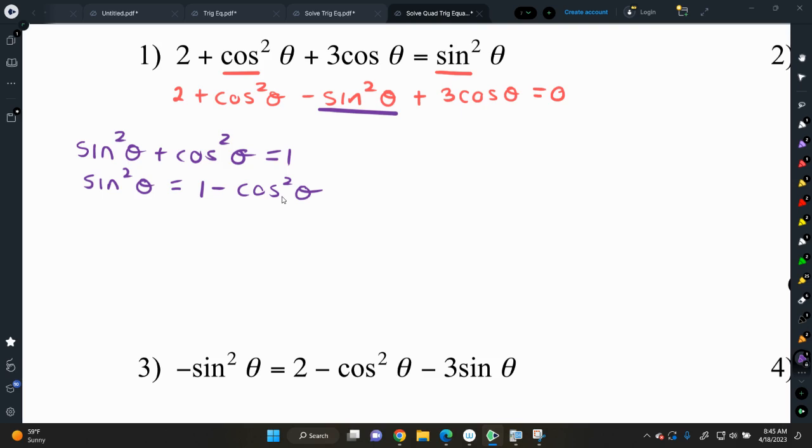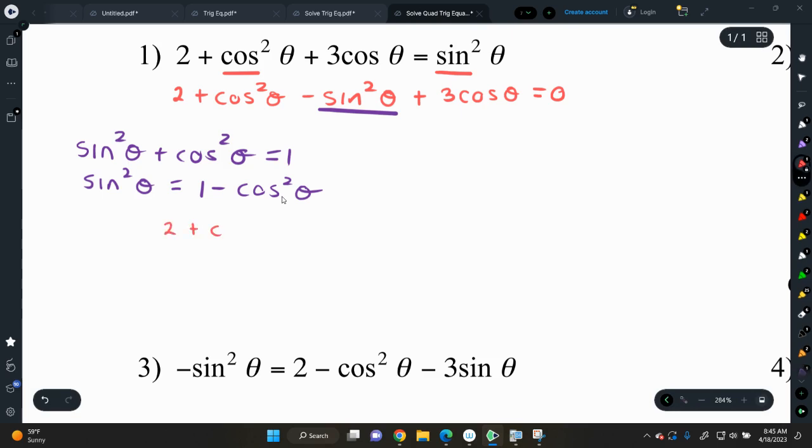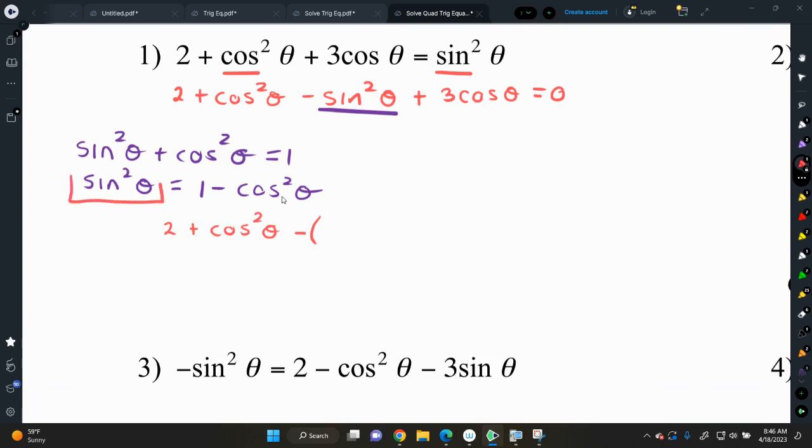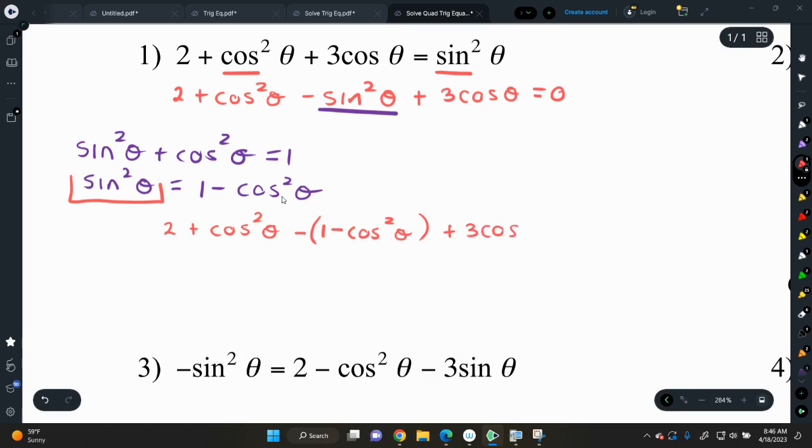Okay, so that's going to give me 2 plus cosine squared theta minus, I'm going to use parentheses because sine squared is 1 minus cosine squared. So I'm subtracting that. So it's minus 1 minus cosine squared plus 3 cosine theta.